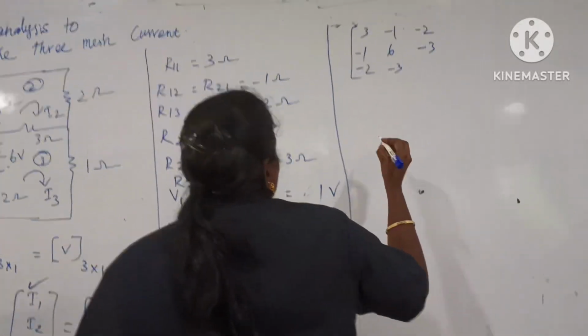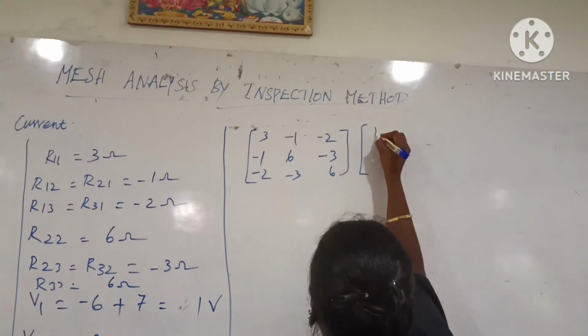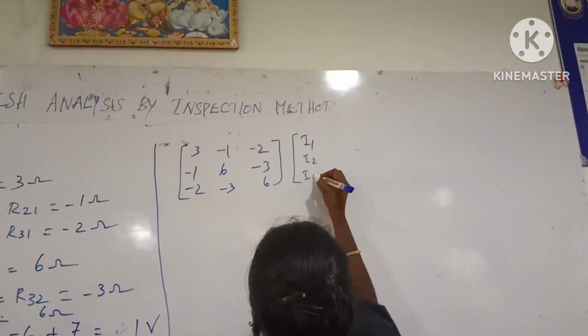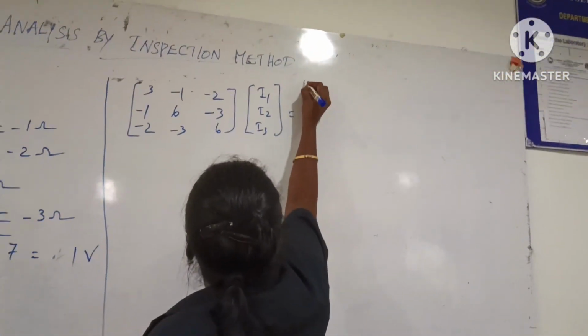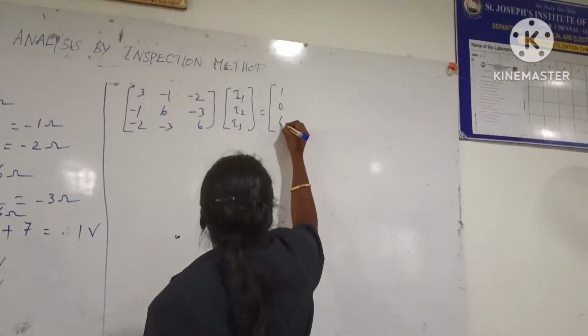So 6 ohm. Next, the currents I1, I2, I3, and the voltages 1, 0, 6.